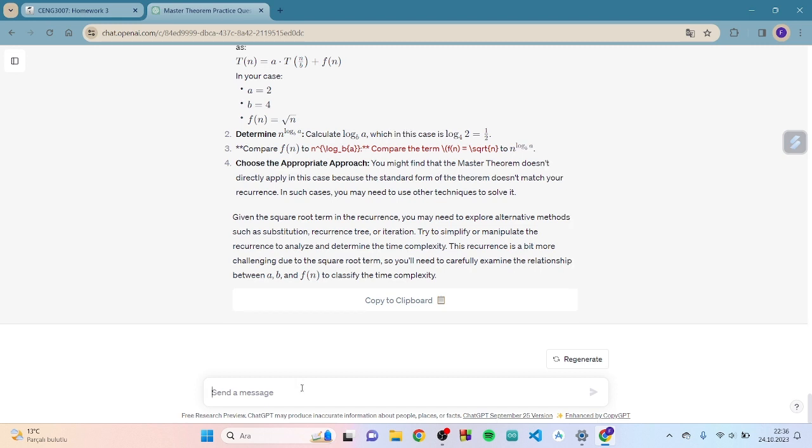Okay, I will ask to explain her answer to me nicely because I have no idea about the subject, how to solve square root. Okay, and please explain the answer.